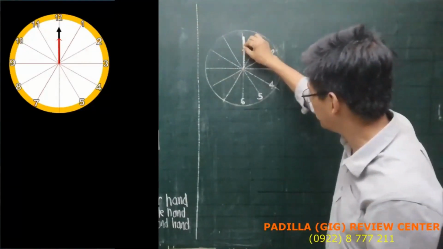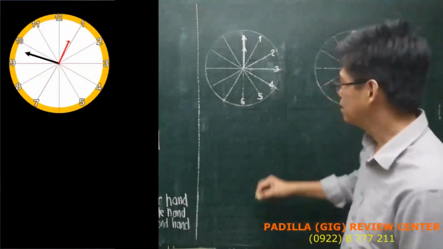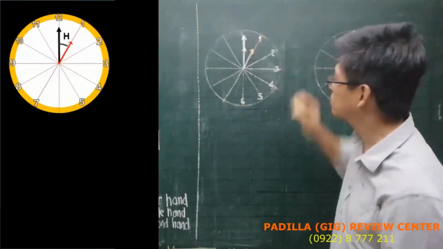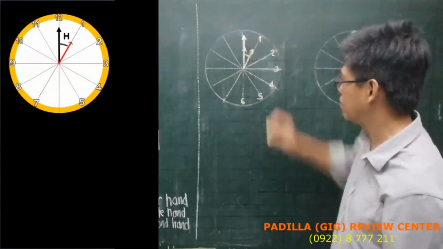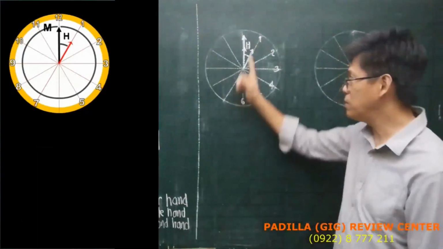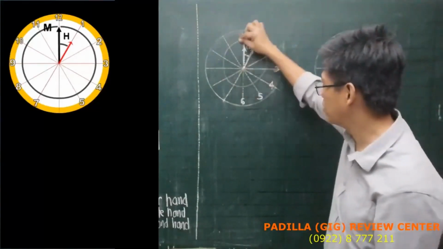The hour hand also points to 12. At 1 o'clock, the hour hand will move to this position. So the distance traveled by the hour hand is from here to here. So this is H, while our minute hand will travel from here to here.